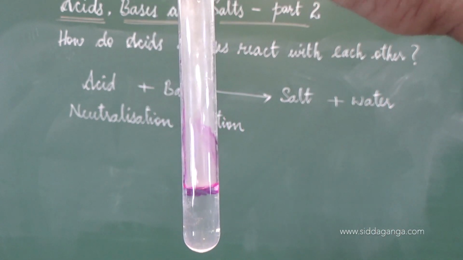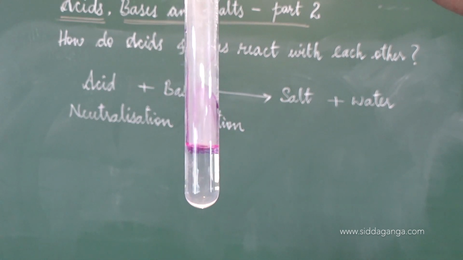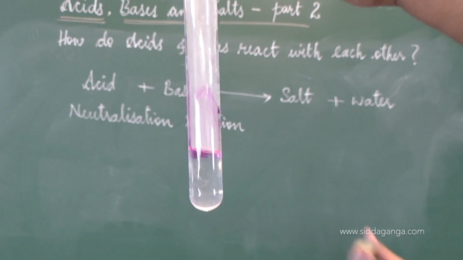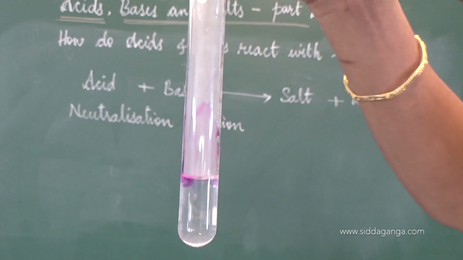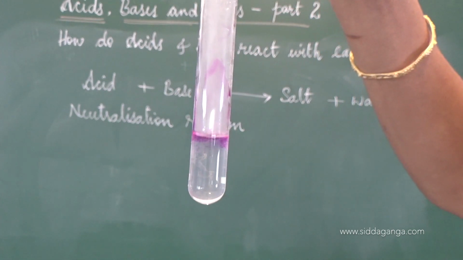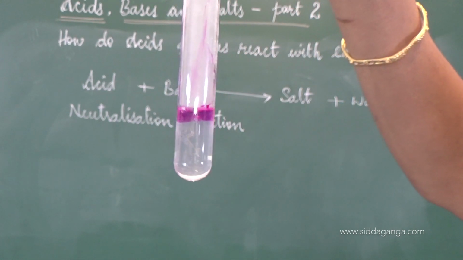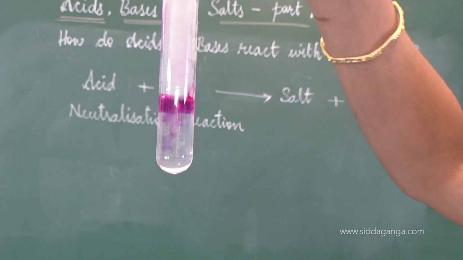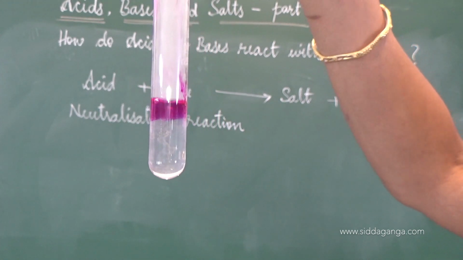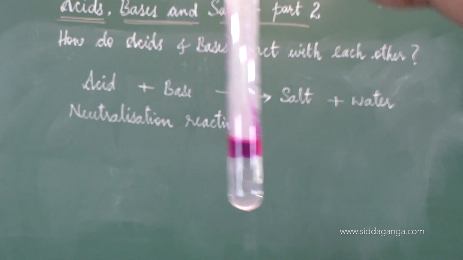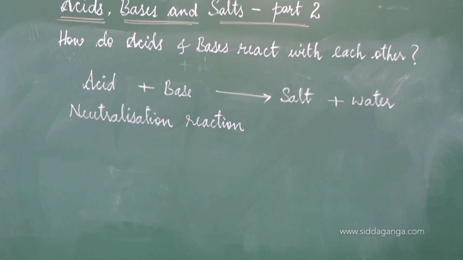Let me add a few more drops of dilute sodium hydroxide to this. Yes, it's very interesting to observe that the pink color is reappearing, right? So upon adding a few drops of NaOH to this, the pink color reappeared.